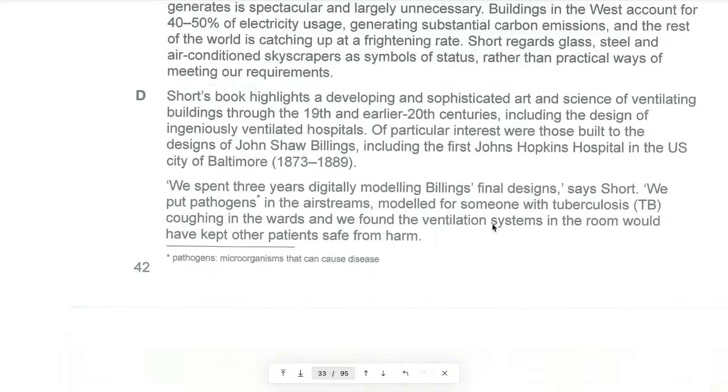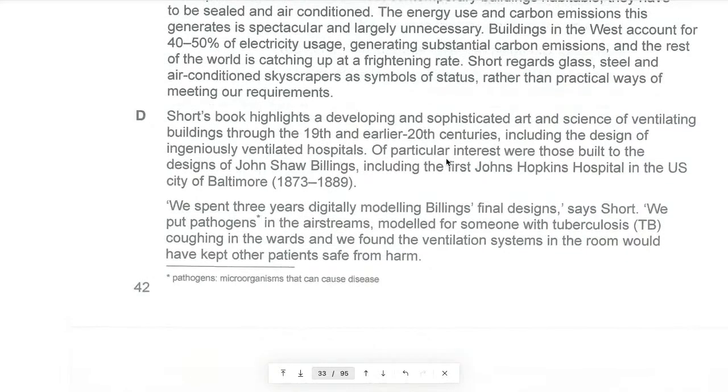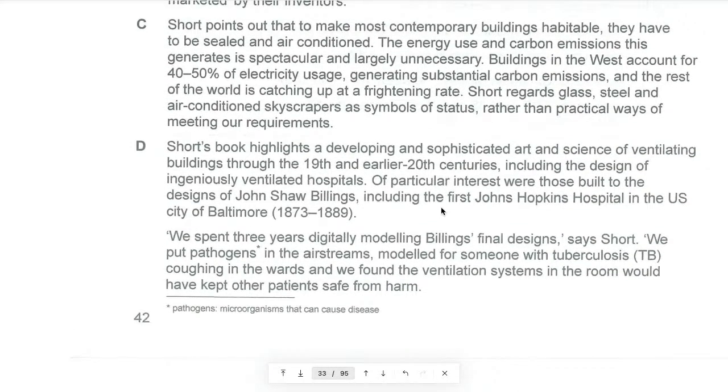And can someone explain that sentence to me? What does that mean? Đâu bạn nào giải thích nghĩa cái câu cuối cùng này? Tell me.